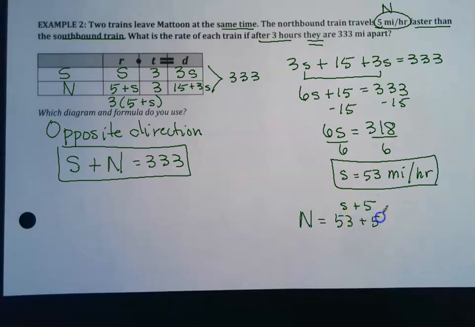So the southbound plus 5 is 58 miles per hour. Perfect. So you found the rate of each train. Very good. All right, does everybody have this one?